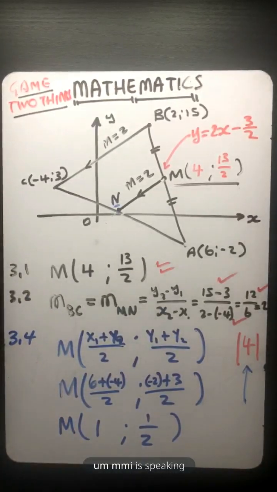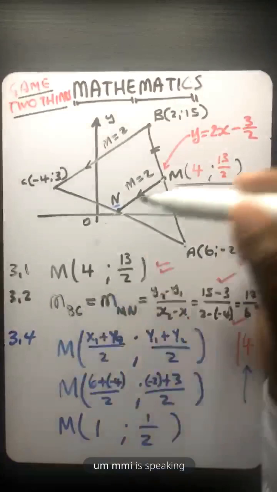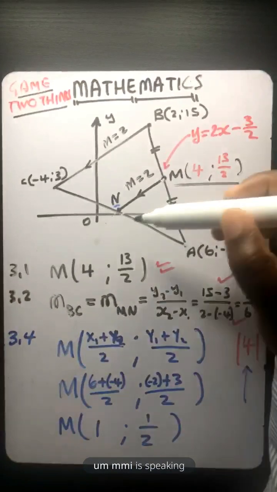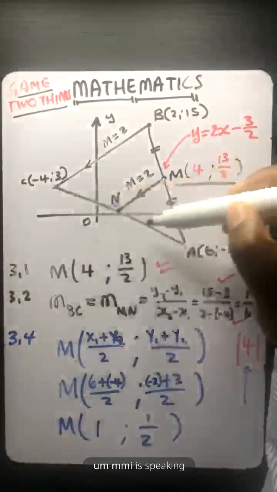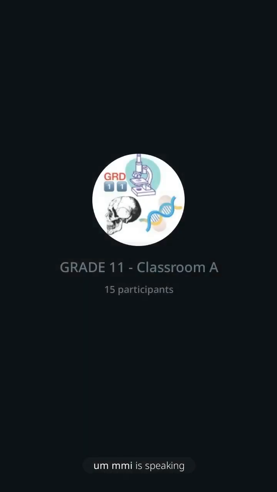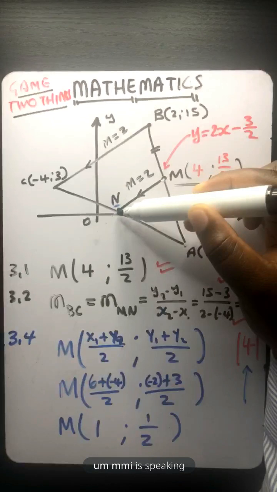Okay, you see, because N is even in that line for C and A. It's in the point for C and A. Yeah, because you already have the gradient, can you just use one of each point to look for the coordinate of it? Is it possible like that, or is it wrong?